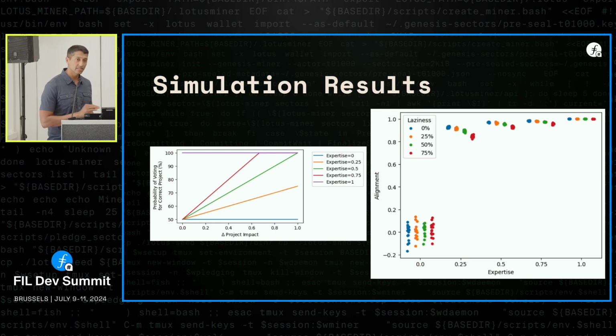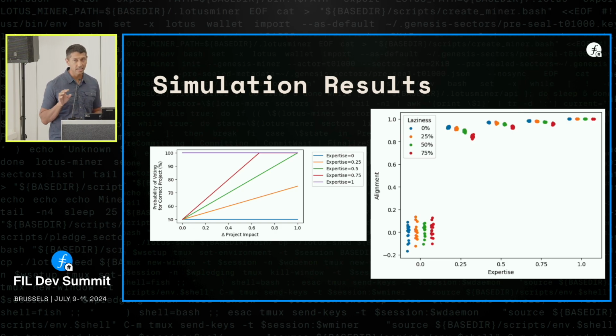Now, the interesting thing about pairwise voting that is different from the global assessment is that when you're presented with a pair of projects, it's easier to decide which project should win if the impact delta between them is high. And if the impact delta between them is low, it's harder to make a decision.